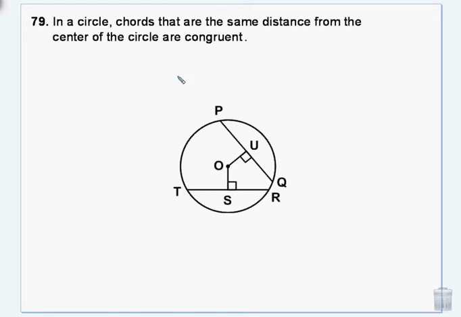Chords that are the same distance from the center of the circle are congruent. So my chords are PQ and TR. Okay, so here's my two chords, PQ and TR. Go ahead and highlight them. And what I'm saying is if they are the same distance from the center, so if we find a point that's perpendicular, distance is always perpendicular.